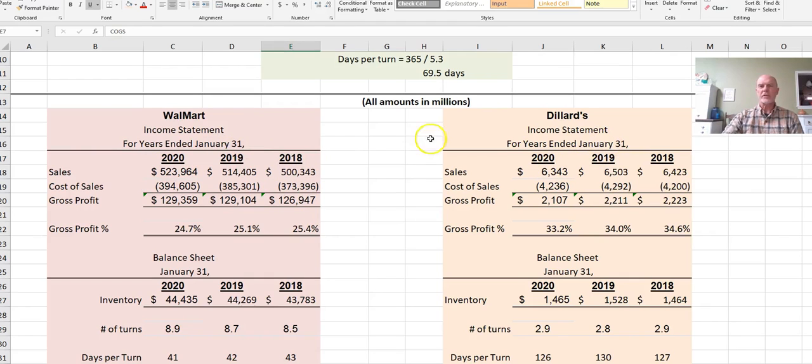Both of them end on January 31st. That's pretty common for a retailer because the Christmas, end of year season is so hectic and chaotic. They'll put the end of the financial year a month later to get past all of that busy period. All of these numbers are in millions.